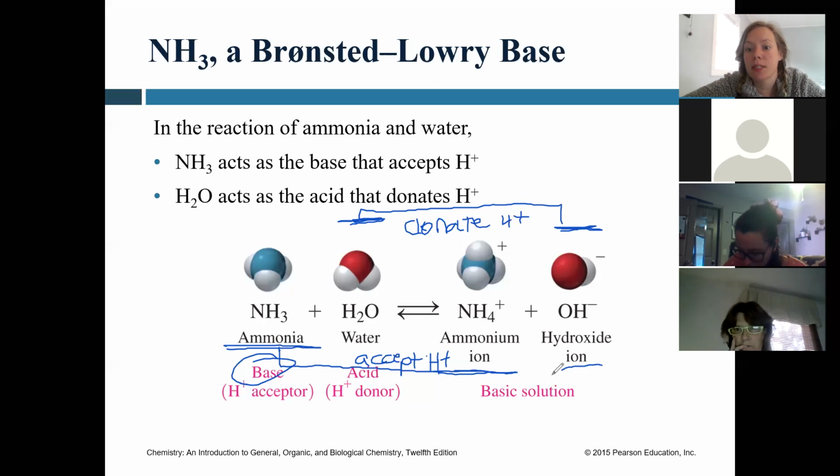That OH is what gives us the basic indicator. So you can make OH in solution either by breaking the thing apart and getting OH, or by having it steal something from the water. But you wouldn't be able to denote this by the Arrhenius definition because we don't see the OH in the original material.